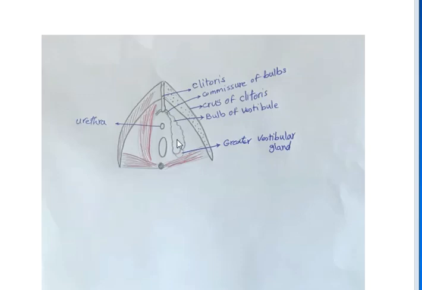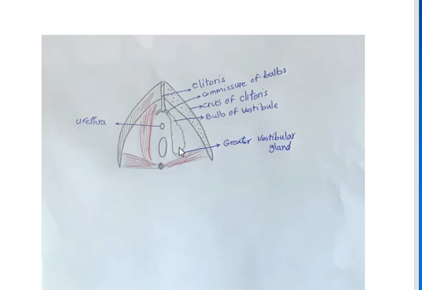You can see the left half of the bulb. As you can see here, the bulbs lie on either side of the vaginal and urethral orifice, superficial to the perineal membrane. I mean, this tissue points to the perineal membrane.